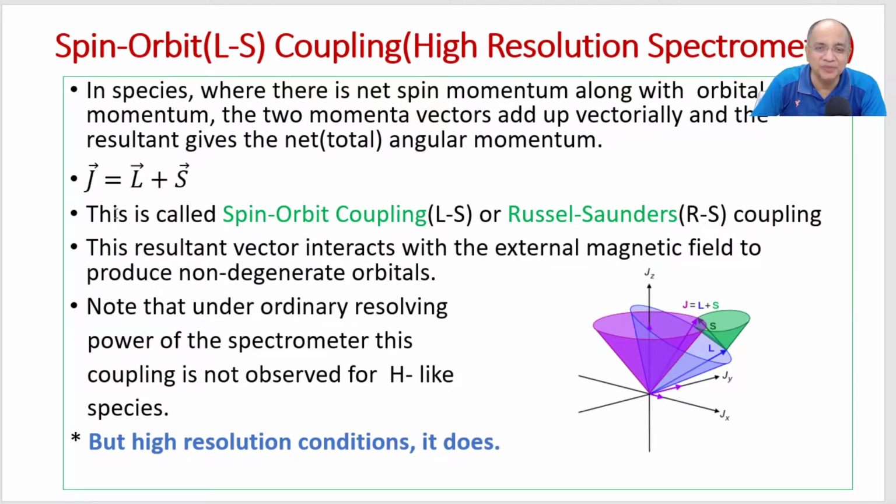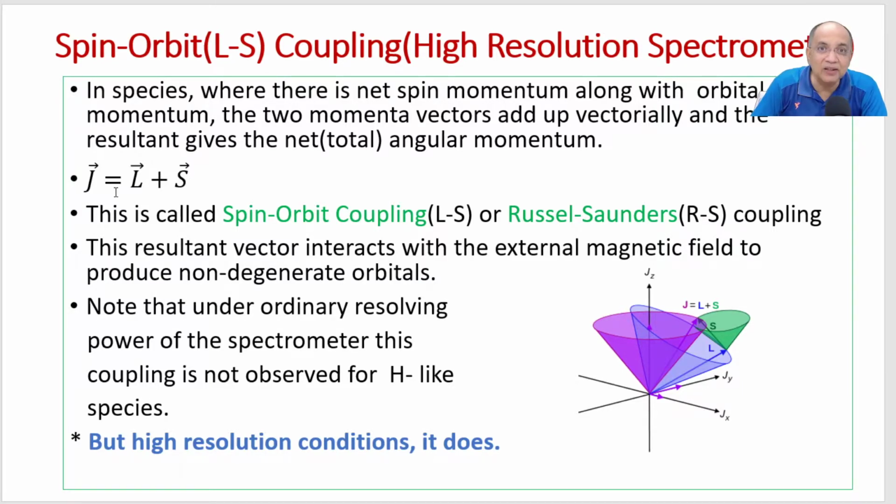This is the orbital angular momentum, which is equal to root of L into L plus 1 times h by 2 pi, and this is S, the spin angular momentum. These are the two momentum vectors, and this is root of S into S plus 1 times h by 2 pi. You know, S is the total spin.